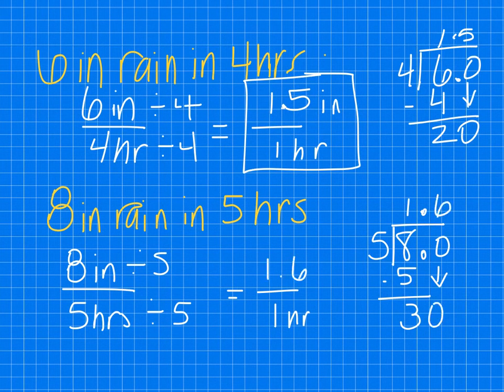So in February, it rained 1 6/10 inches, and January 1 5/10 inches. So January, it rained more. Who noticed that when I solved this problem, I said that 8 goes into 30 6 times? I'm sorry, I meant 5 goes into 30 6 times.